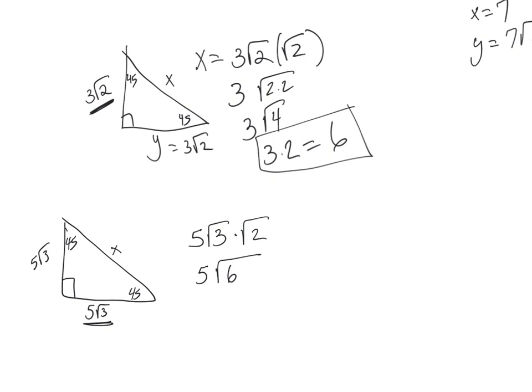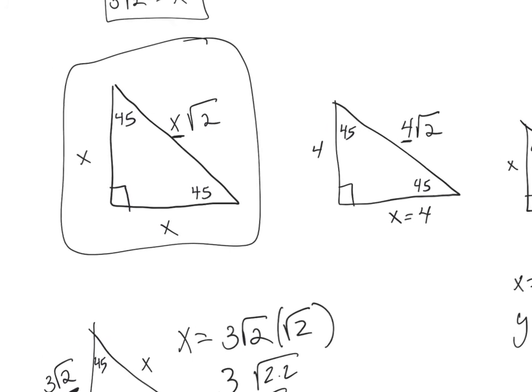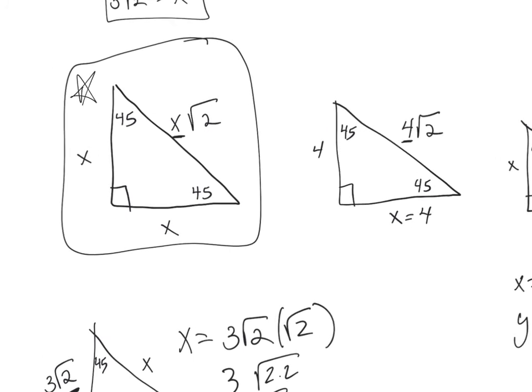So for these, that's really all you need to know for now. I mean, there are some more complicated problems that you might run into, but we'll save that for another day. Just keep in mind this shortcut right here.